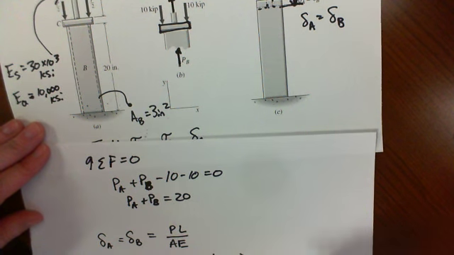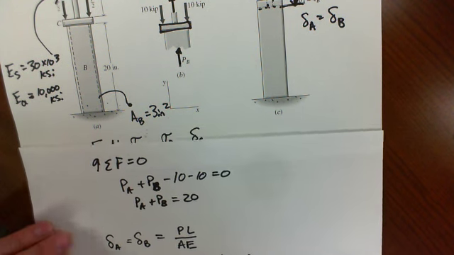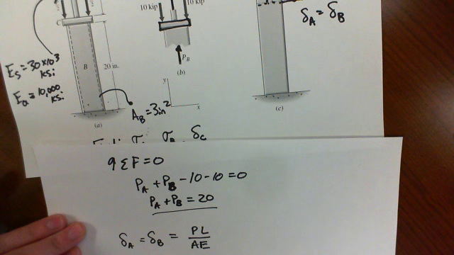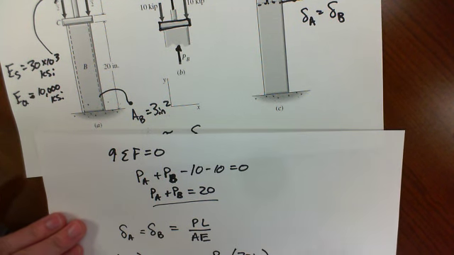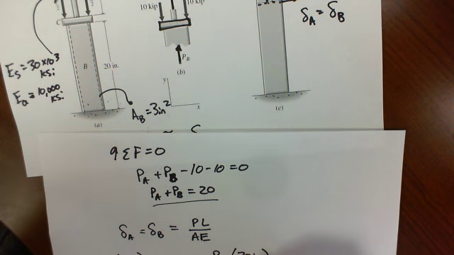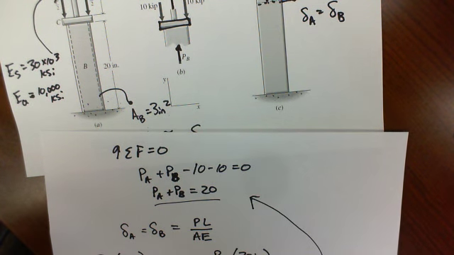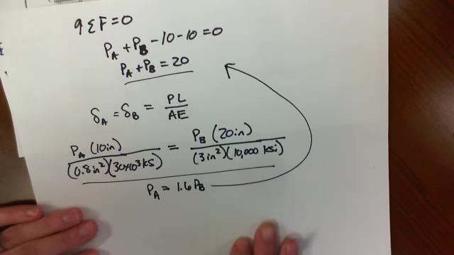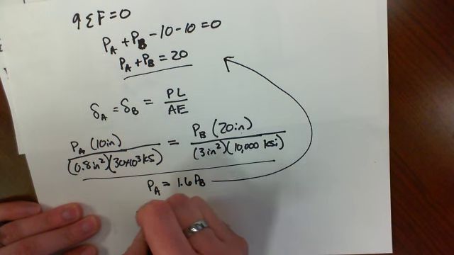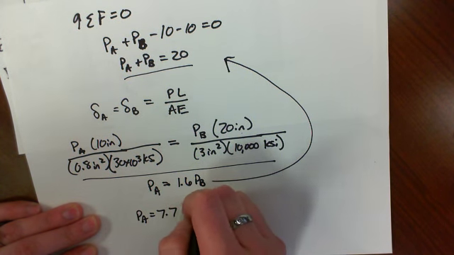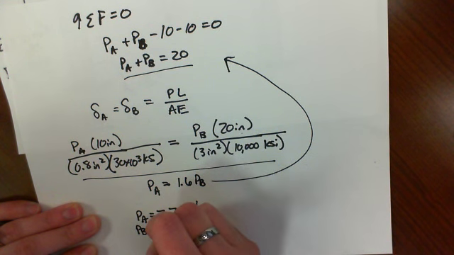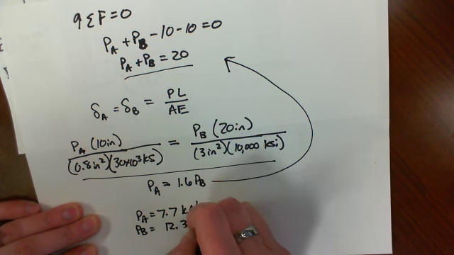So now we have two unknowns in this equation and two unknowns in this equation. If I solve one of them for one of the unknowns, I solve this one, P_A is equal to 1.6 P_B. Now I can put that back into here and solve. Doing my algebra, I end up with P_A equal to 7.7 kips, and P_B equal to 12.3 kips.